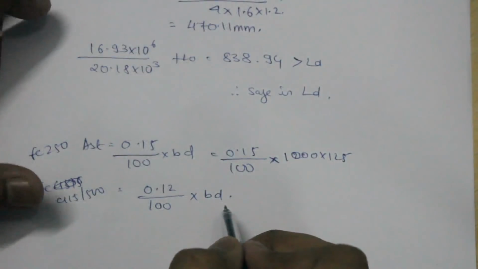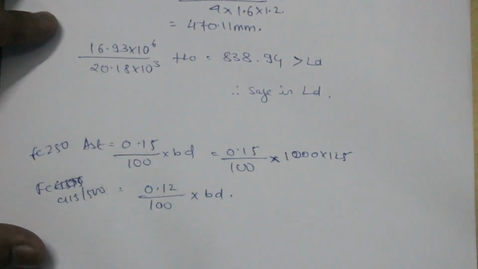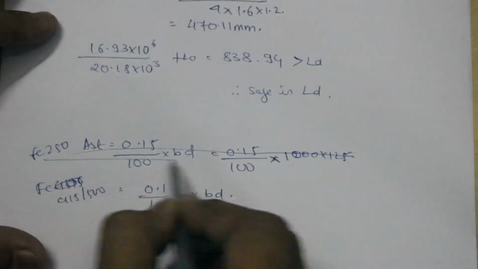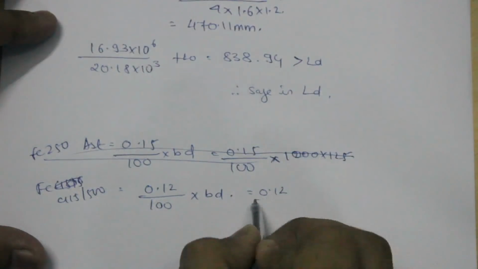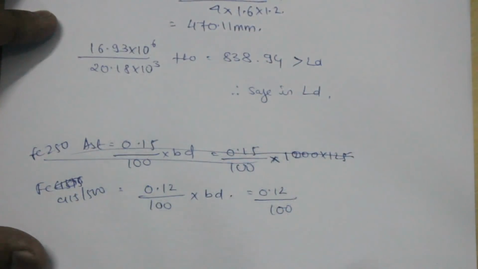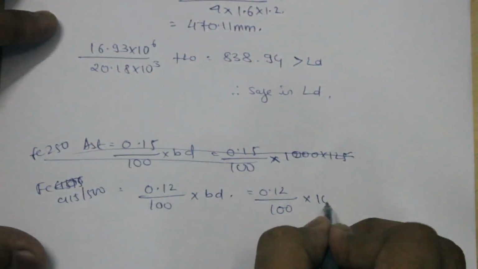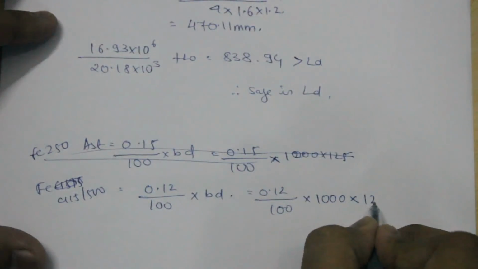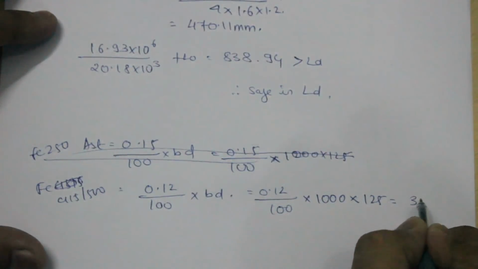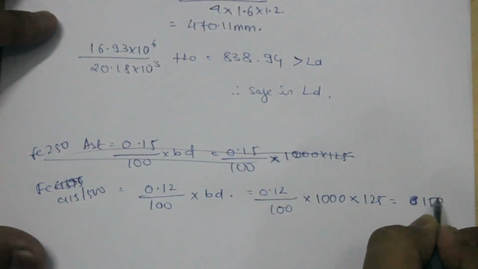So let's provide Fe415 steel bars, forget about this. 0.12 upon 100 will provide 8 mm torr steel bars. Okay, 1000 multiplied by 125, so that is 150 mm square.